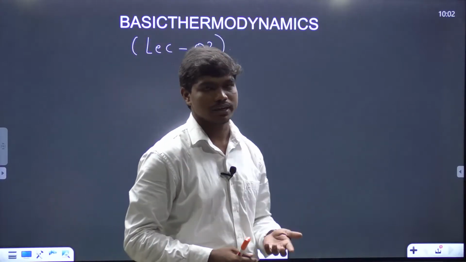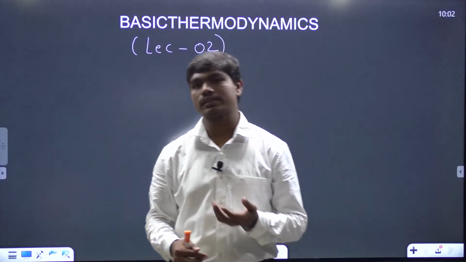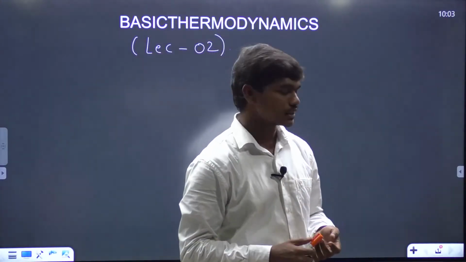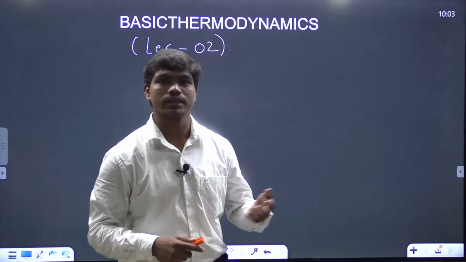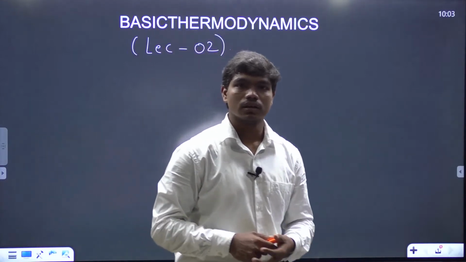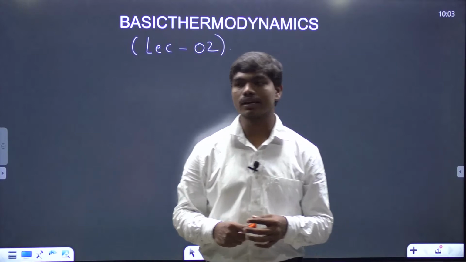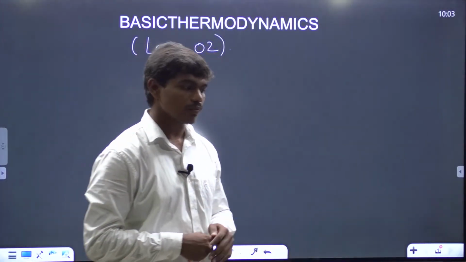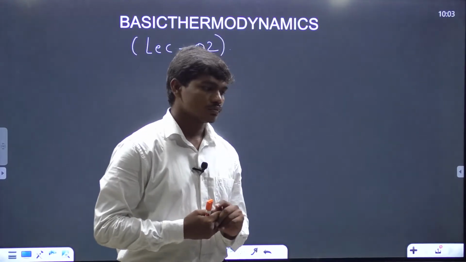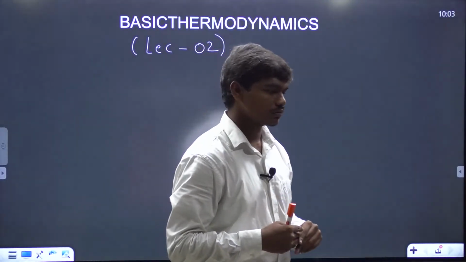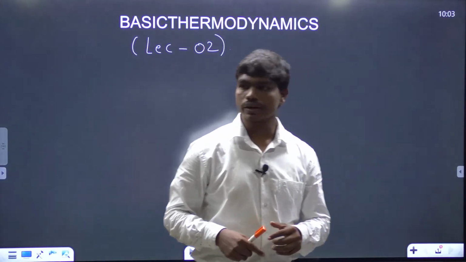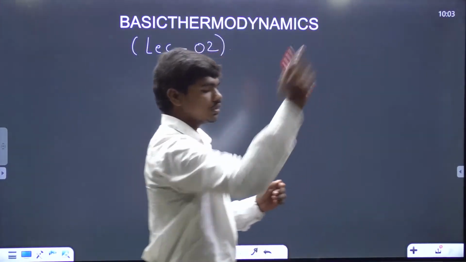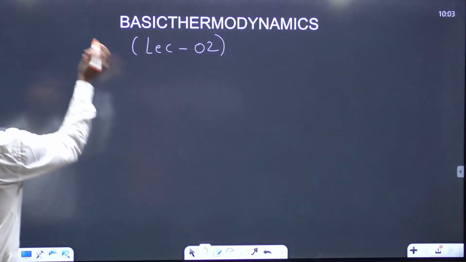We also saw some mathematical analysis on how to identify whether a property is extensive or intensive. Is there any doubt in yesterday's class? I hope no doubts. We'll continue.